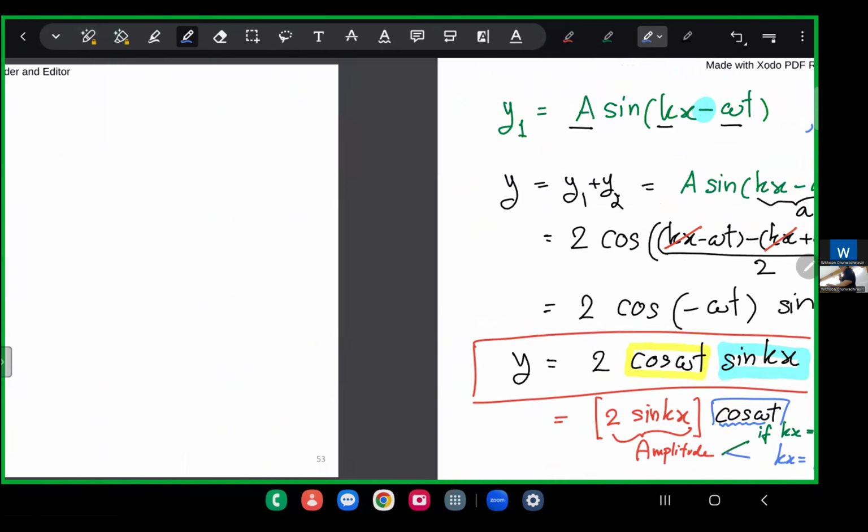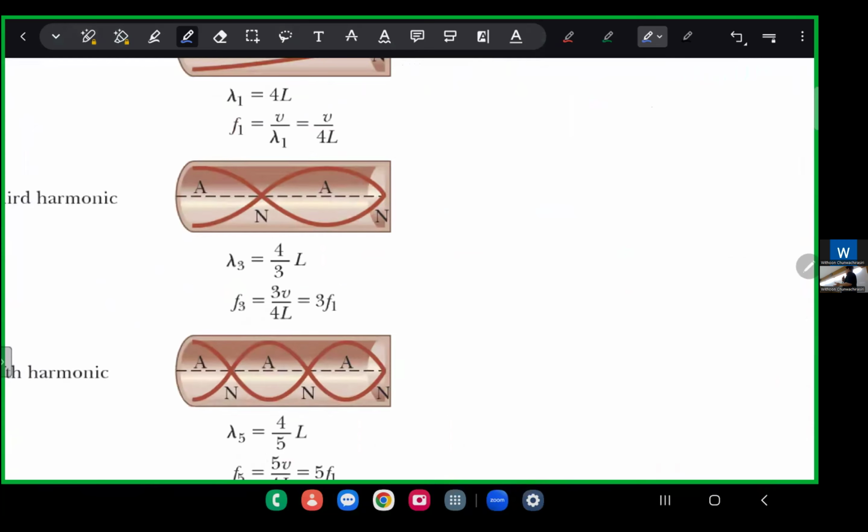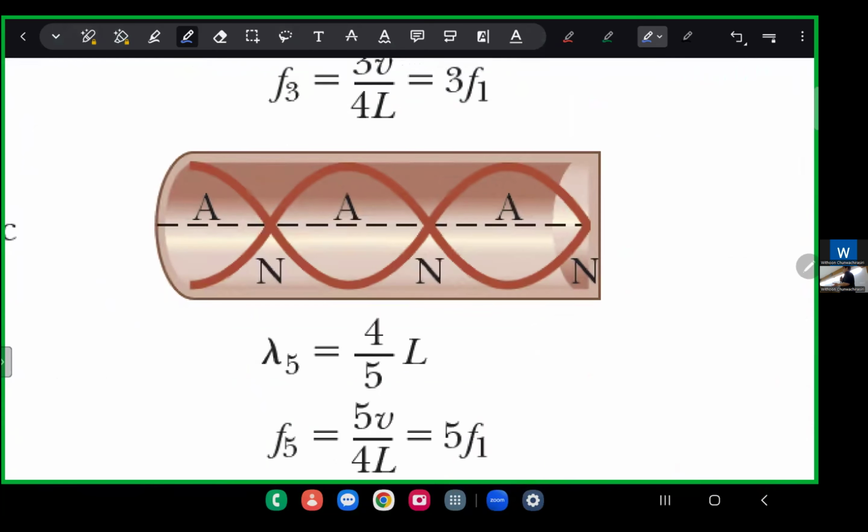There you go. So now I hope you understand this visualization. So that loop that you see over here, that is the transverse oscillation that we overlaid on top of the longitudinal waves to represent something that is oscillating in the tube. All right, so that's what it is.